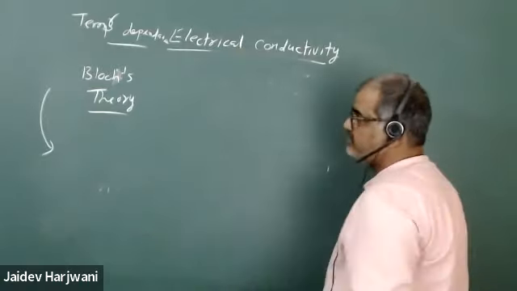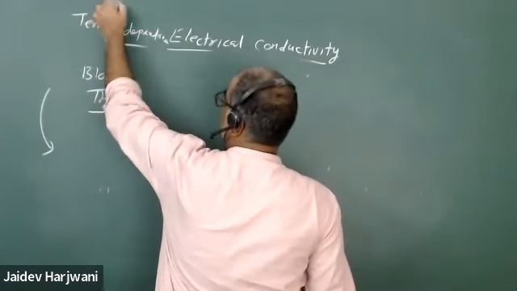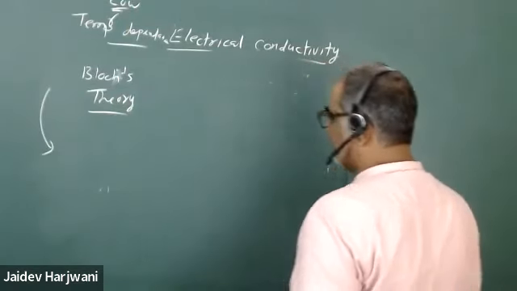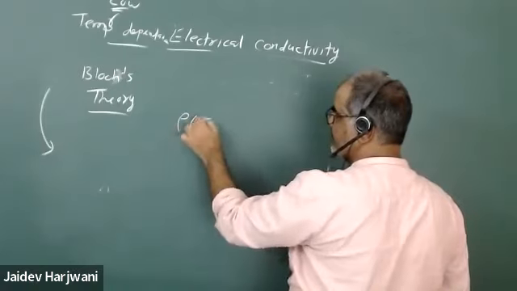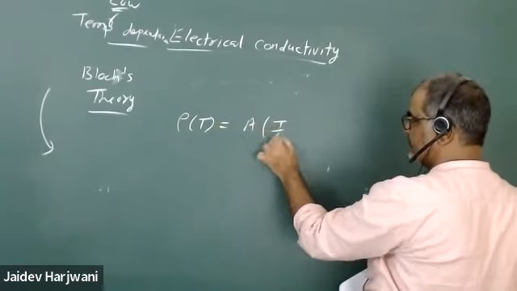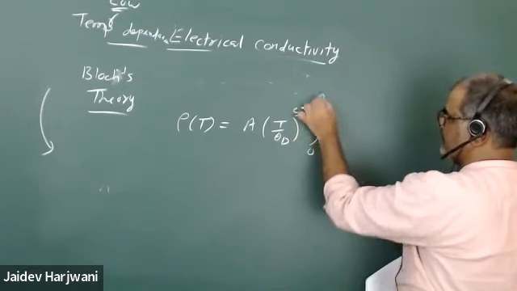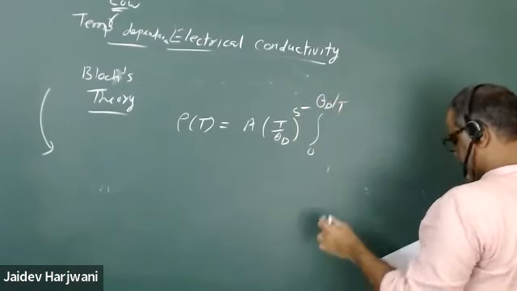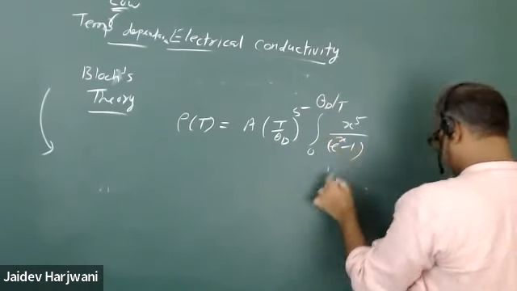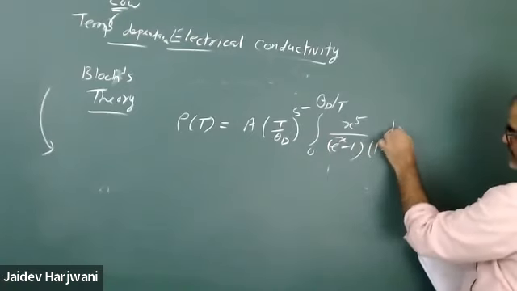So this was earlier for high temperature, and this is for low temperature. According to Bloch theory, the resistivity as a function of temperature is given by A (T by theta D) power 5 times the integral from 0 to theta D by T of x^5 upon (e^x minus 1)(1 minus e^minus x) dx.